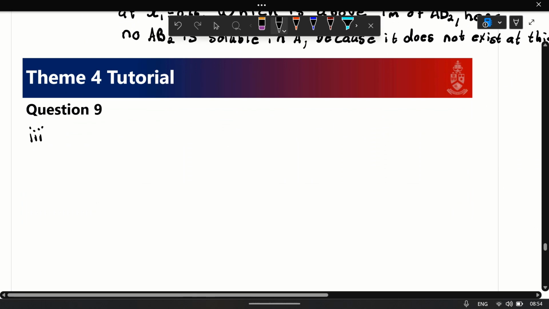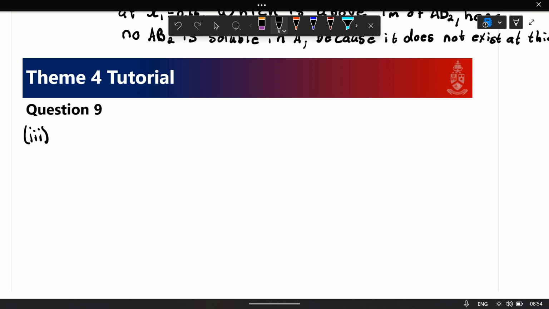There's no use giving any discussion on it. That's just basically to test whether or not you understand where AB2 actually exists or not.